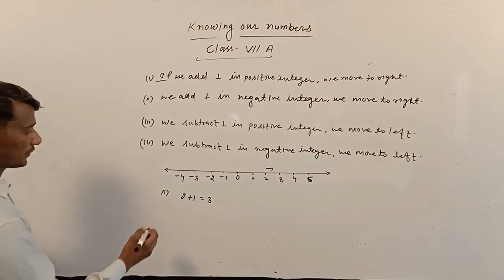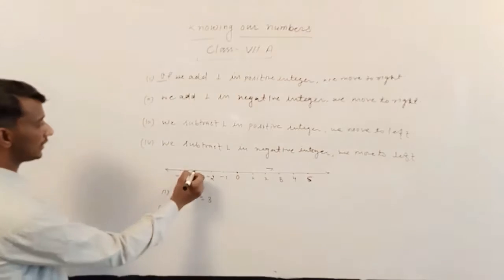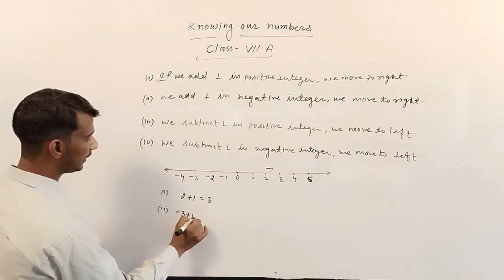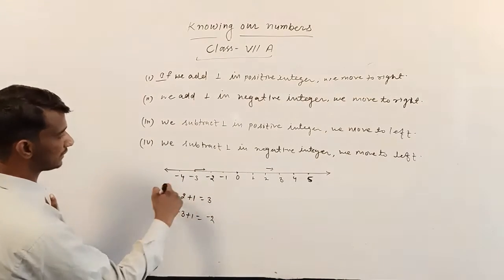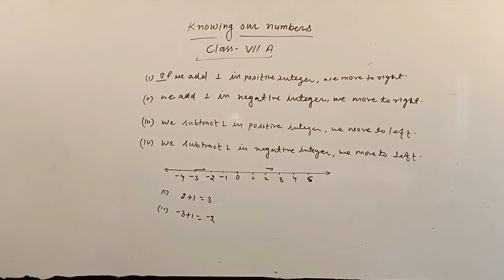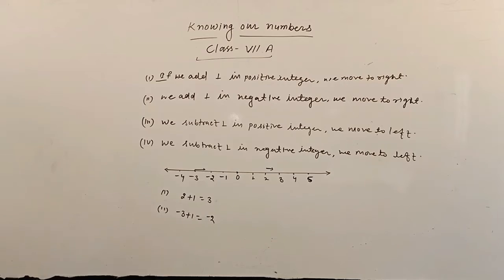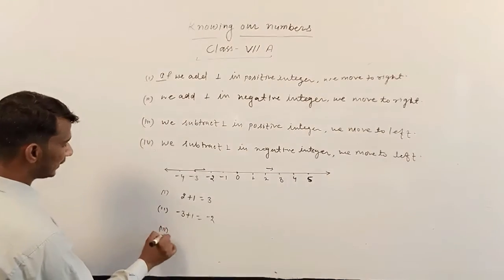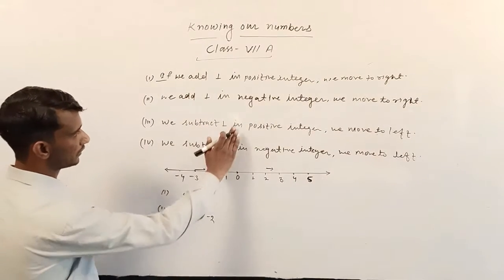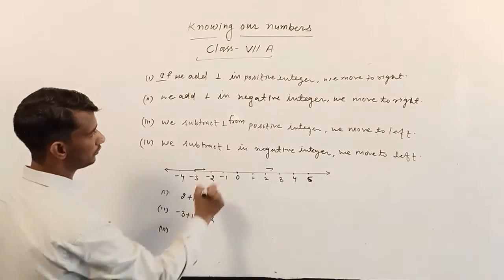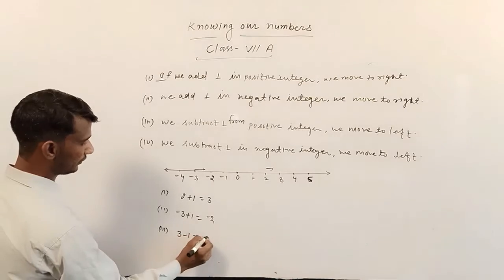Okay. First is clear. Second, if we add 1 to a negative number, suppose we take -3 and add 1, so the answer will be -2, meaning the direction is also right. Next, third, subtract 1 from a positive integer, for example 3 minus 1, so we get 2.